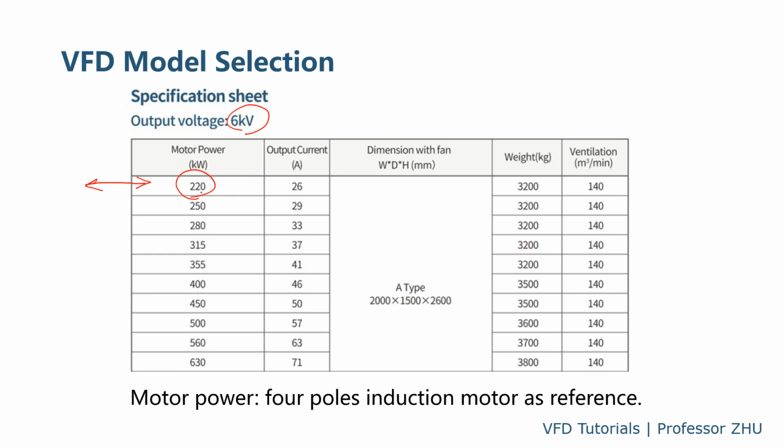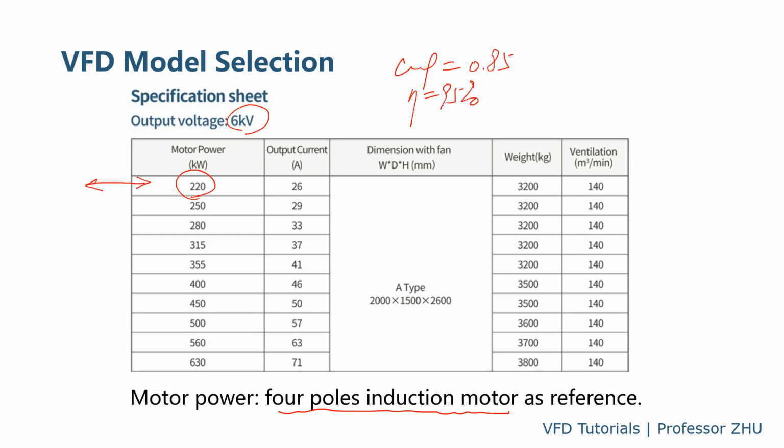But this is based on an assumption that it is for the standard 4-pole induction motor, which means we take into account, for example, that the cosine phi will be 0.85 and the efficiency will be 95%.